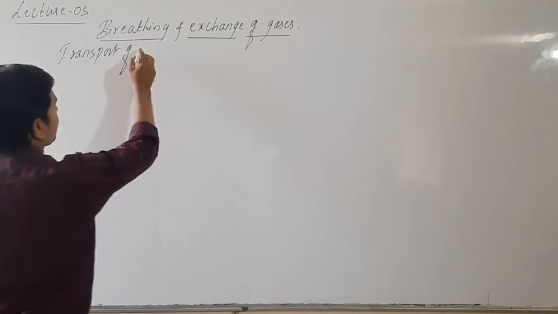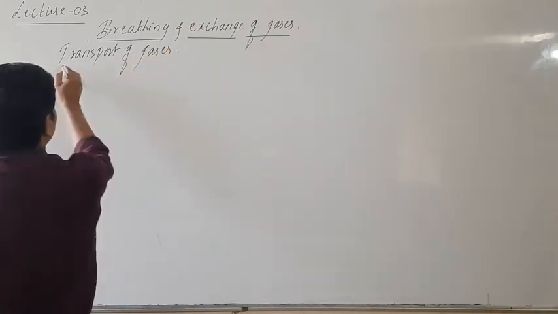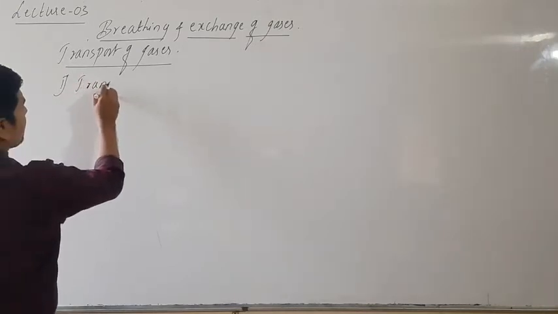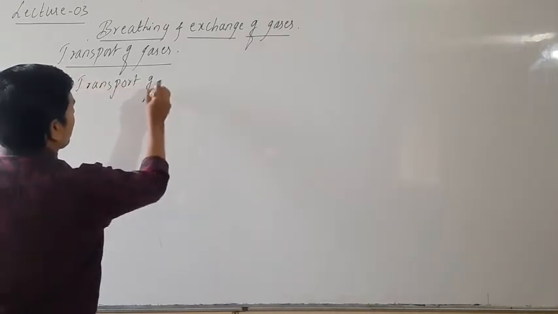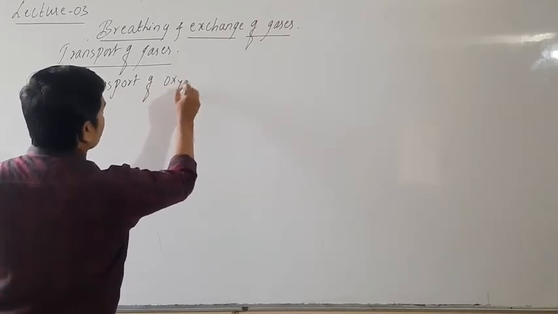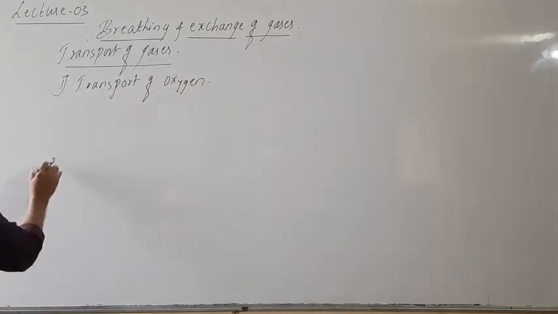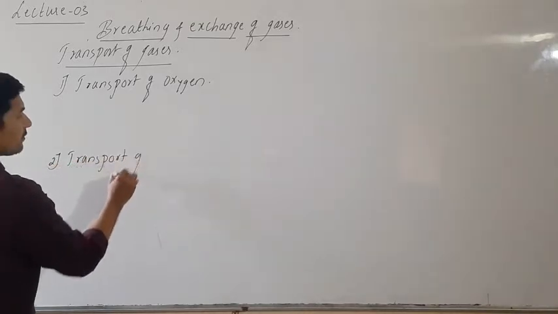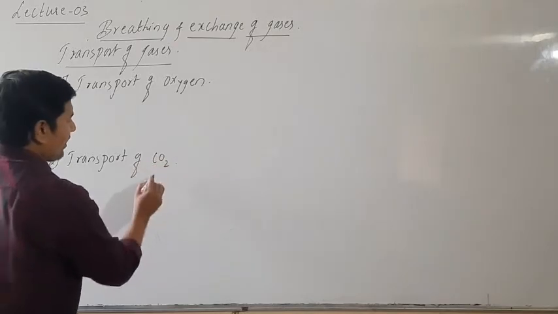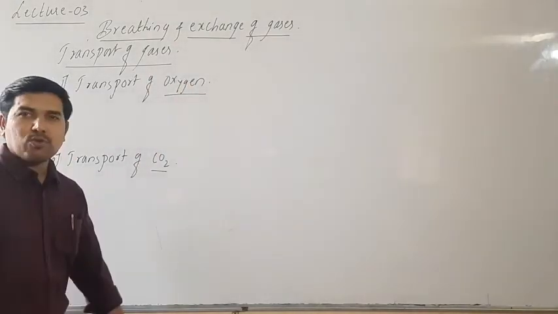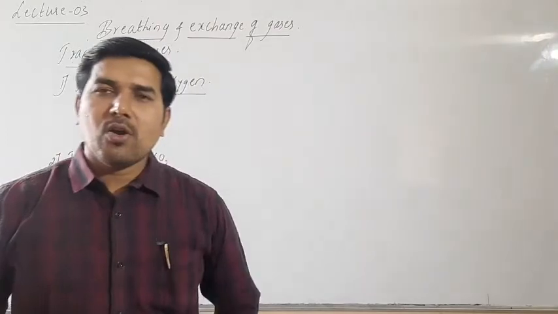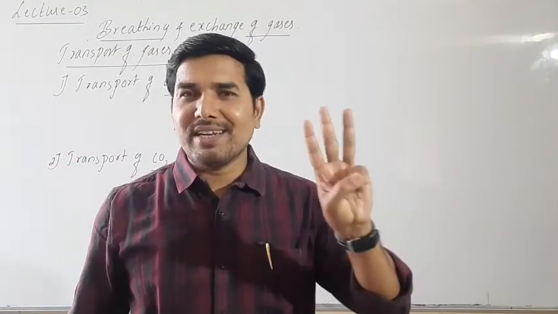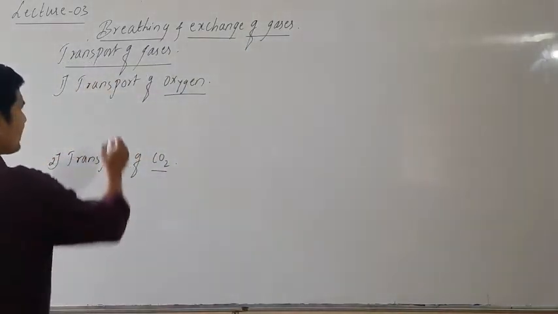In the transport of gases, first we have transport of oxygen, and in the second part we have transport of carbon dioxide. Oxygen is transported in two forms, carbon dioxide is transported in three forms. So what are the forms of this transport?